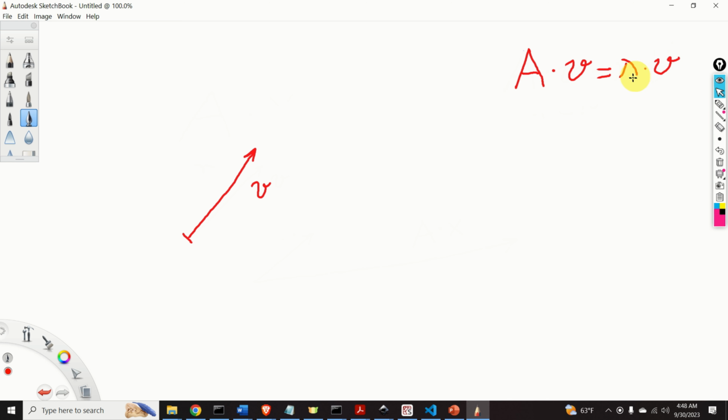Over here, for simplicity, I assume that lambda is a real scalar. How can we graphically and geometrically interpret this multiplication? The eigenvector is the vector that is only being scaled by the action of the matrix, with the possibility of change of the sign.